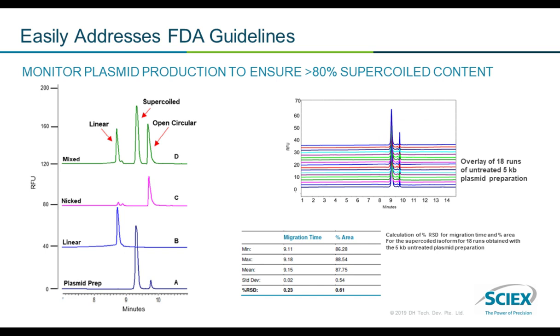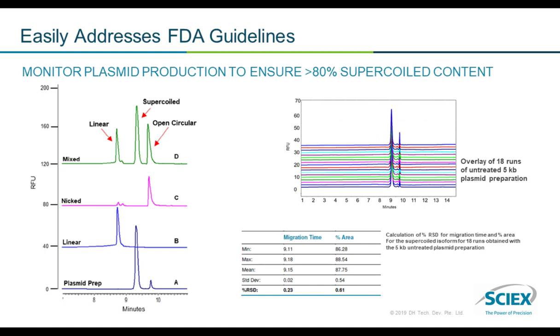On the right side is a separation of 18 runs of a 5 kb plasmid, a typical separation, but just to show you the reproducibility. In the bottom table, you can get less than 1% RSDs for migration time and percent area, so it's very reproducible.